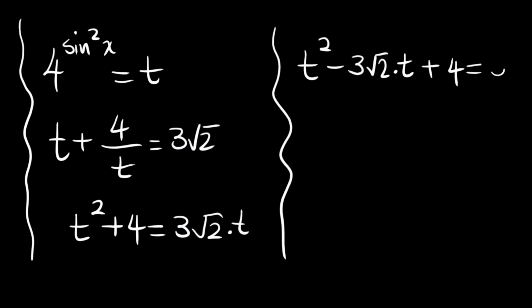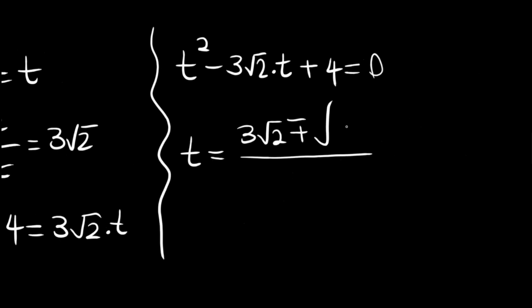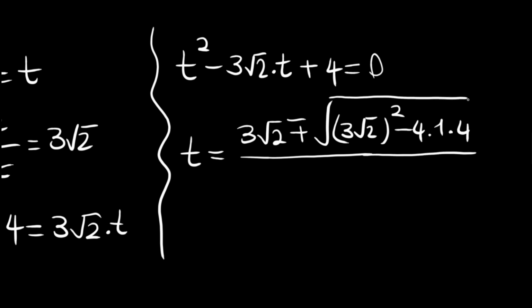Using the quadratic formula, we will have t is equal to minus, will become positive, 3 times root 2 plus or minus this 3 times root 2 squared minus 4 times 1 times 4, divided by 2 times 1.